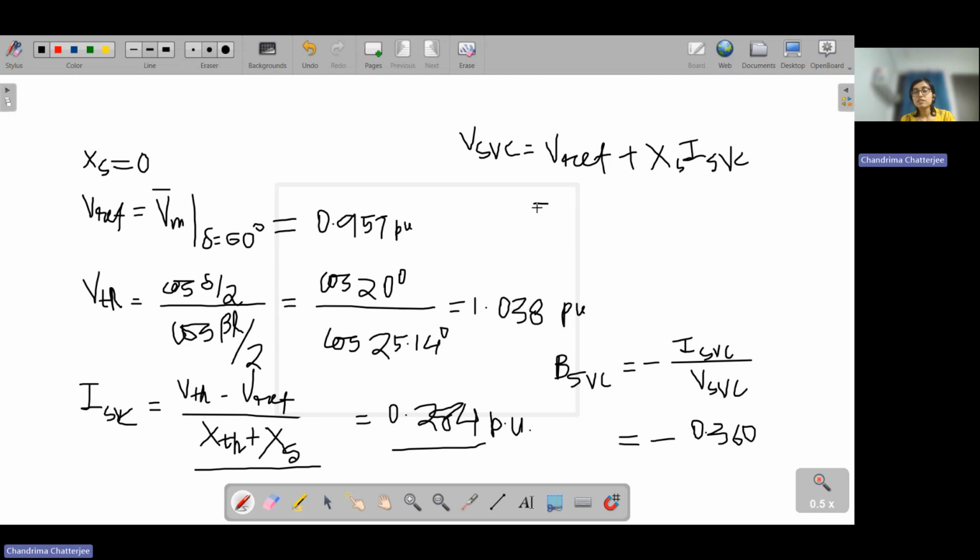V reference we already calculated 0.957, and XS is 0.05.